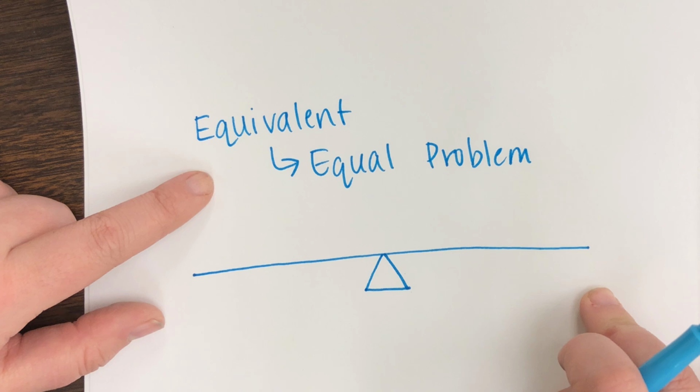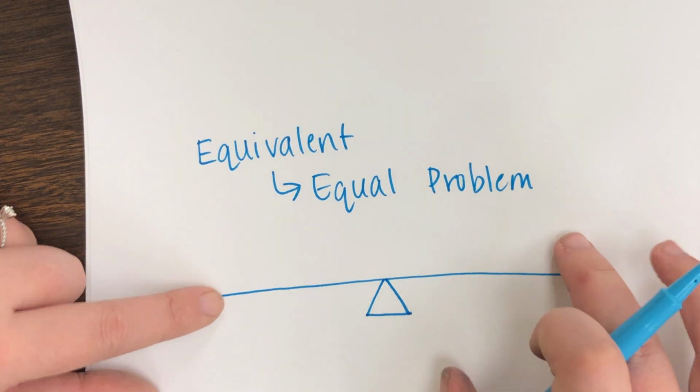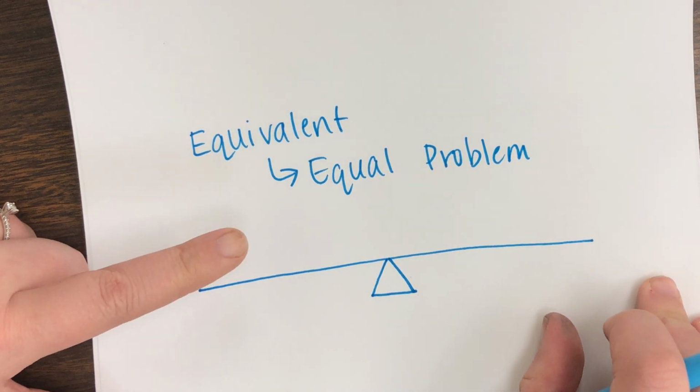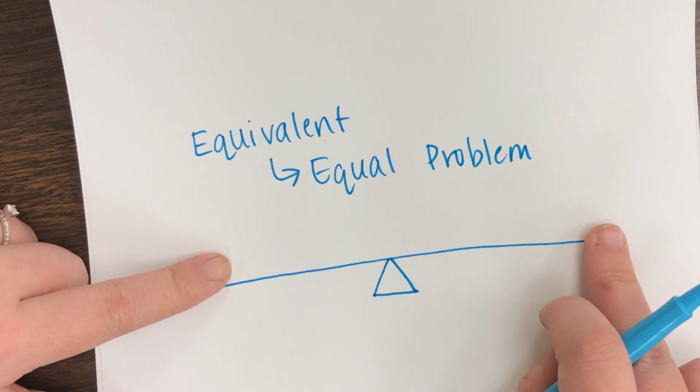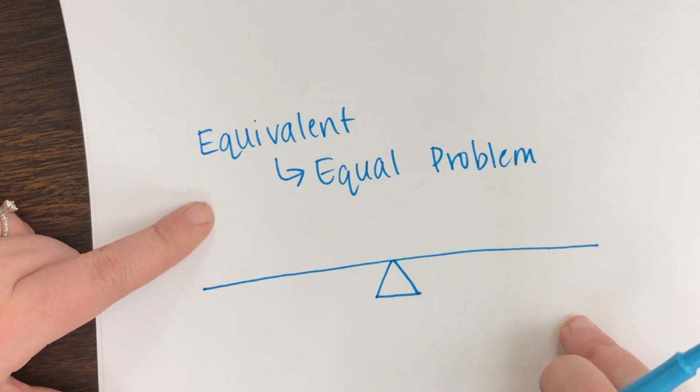But if we wanted to make it equal, to where neither of them would go up or down, we would put a child on this side about the same size, and then it would be equal, okay? Then you wouldn't really have that scale moving up and down.